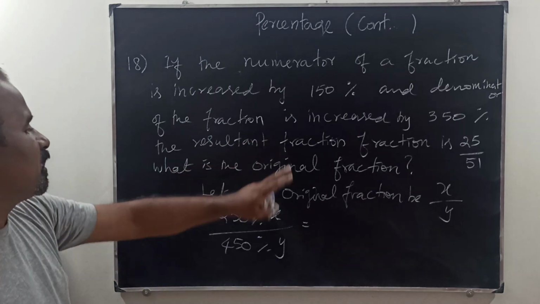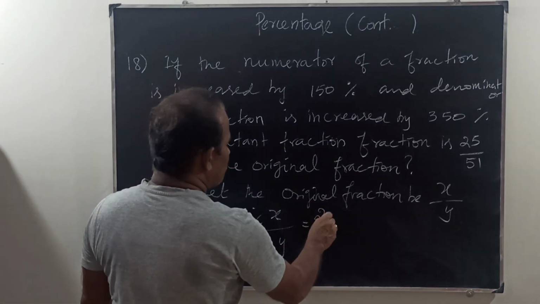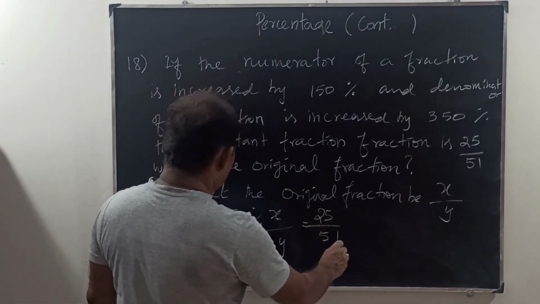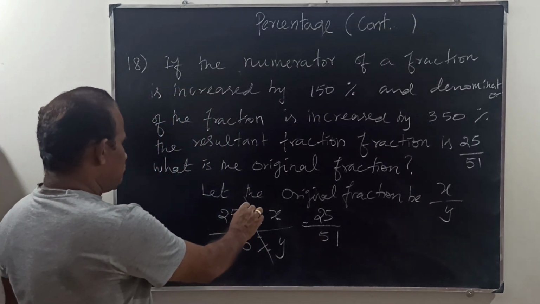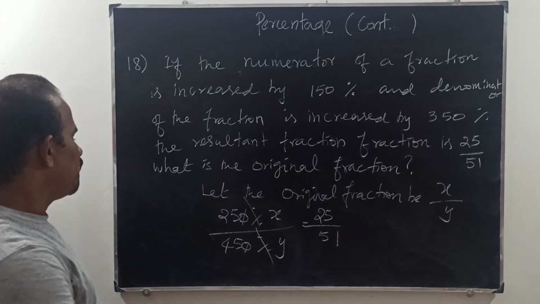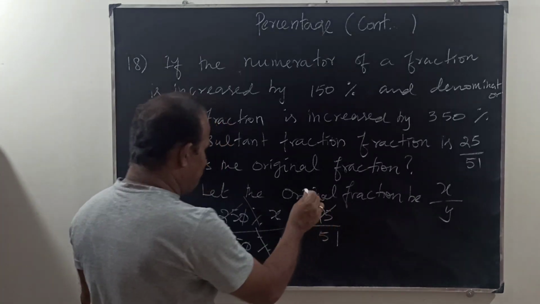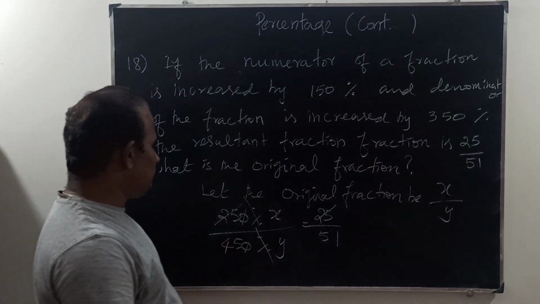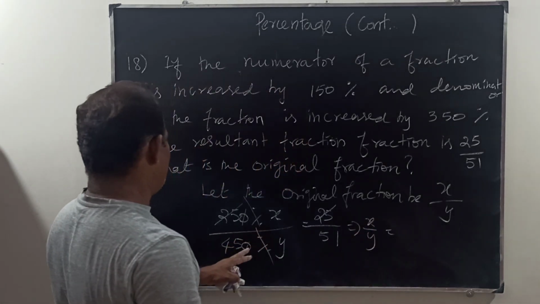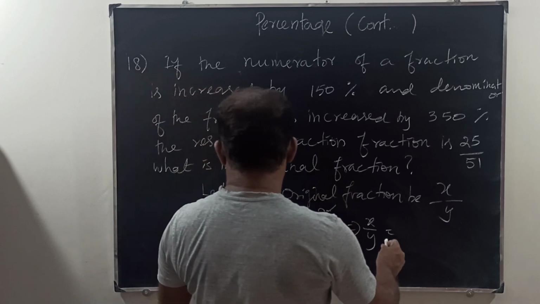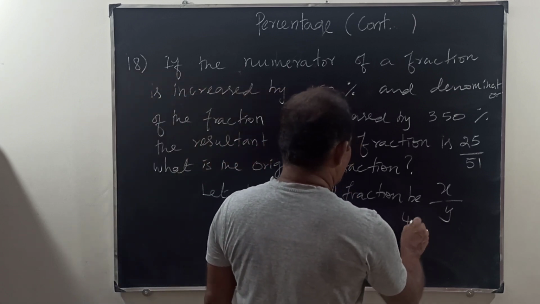So the resultant fraction becomes 25 divided by 51. Percentage will be cancelled, 0 will be cancelled, this 25 will be cancelled. So x by y is equal to 45 divided by 51.